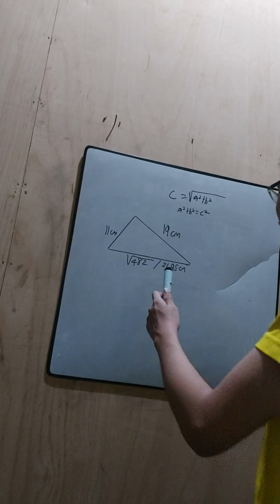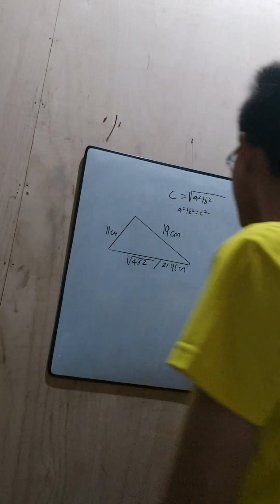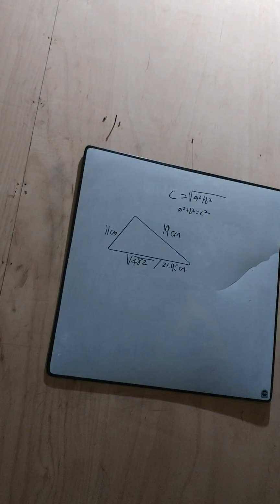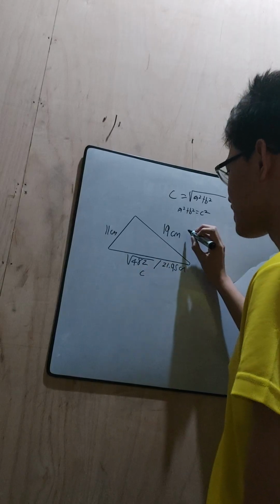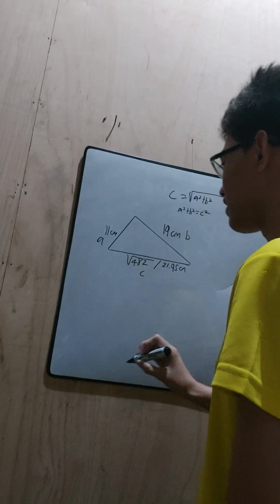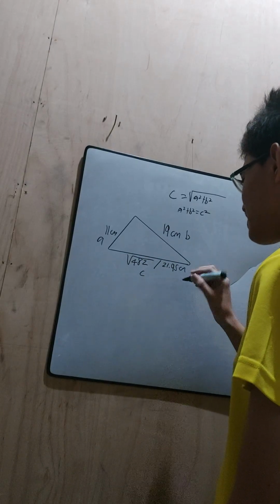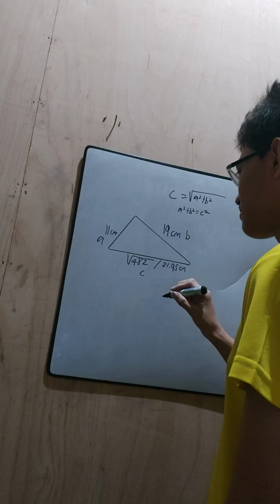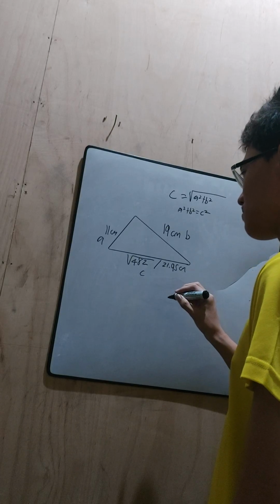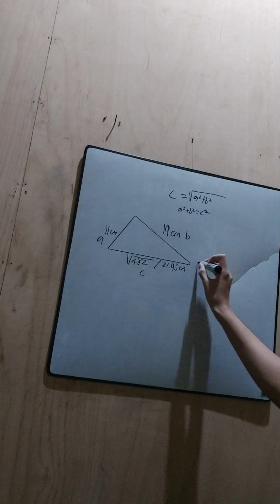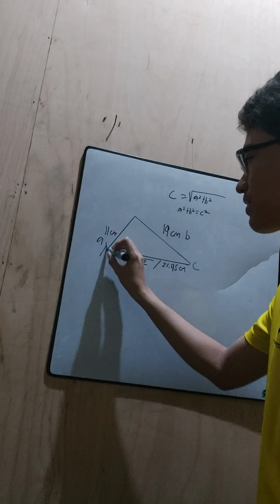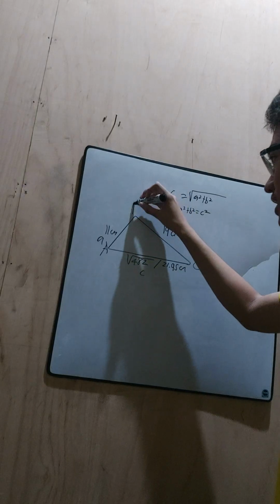Now, in order to get the angle for both of these, let's say this is our side C, this is our side B, side A. And now taking for reference, let's say this is C. This is our angle A. Angle C, angle A, angle B.